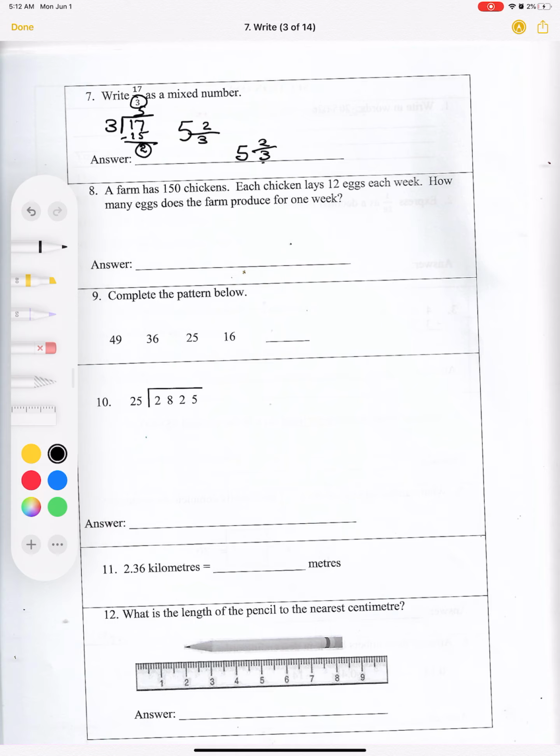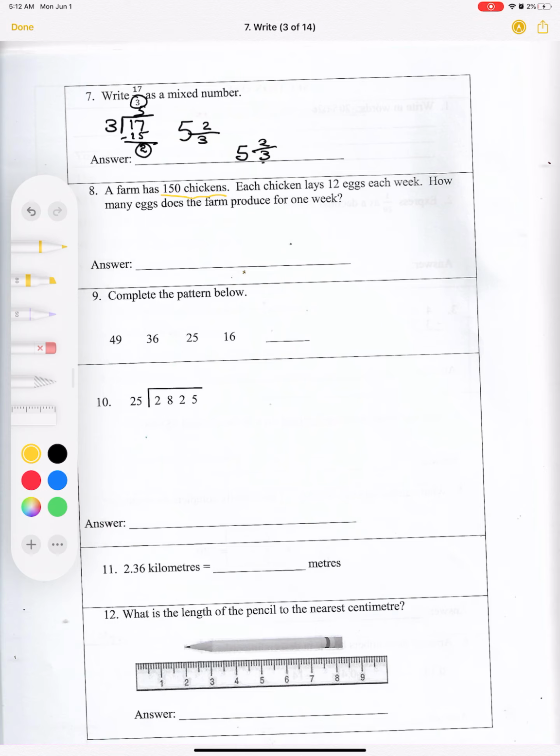A farm has 150 chickens. Each chicken lays 12 eggs each week. How many eggs does the farm produce in 1 week? So it's a simple multiplication of 150 by 12.